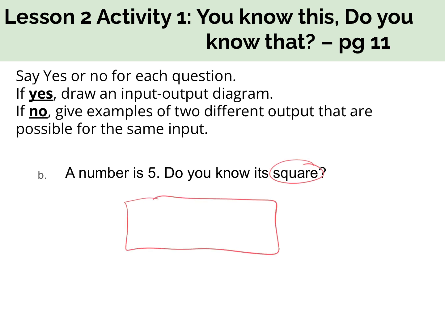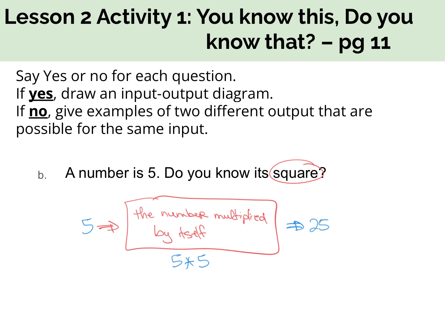So a square is the number multiplied by itself. So we're going to take our 5, we're going to put it in. Here, I'm going to change that color because I'm going to show you why. So I'm going to take 5 and multiply it by itself, which is 5. And then if I figure out what my answer is, well, 5 times 5 is 25.